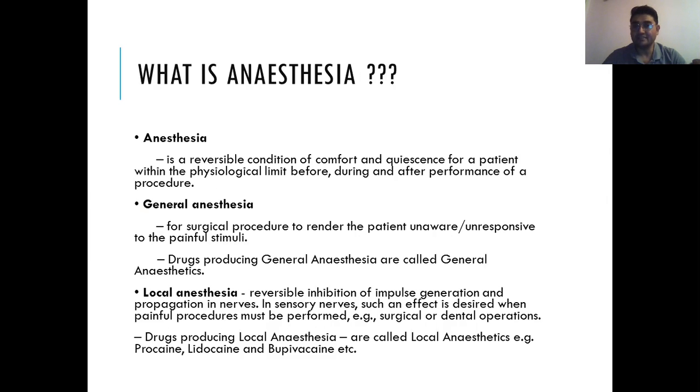The first one is reversibility of anesthesia. It is the first characteristic of anesthesia. Every anesthesia should be reversible. If it is not reversible, it cannot be anesthesia. The second one is physiological limit.